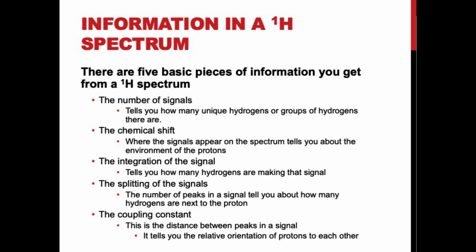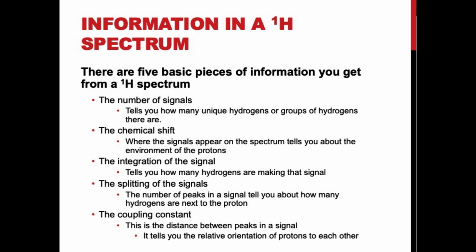Next, we have the integration of the signal. No math here, but this is kind of exactly the calculus definition of an integral, which is the area underneath the signal. And that area corresponds to how many hydrogens are making that signal, right?